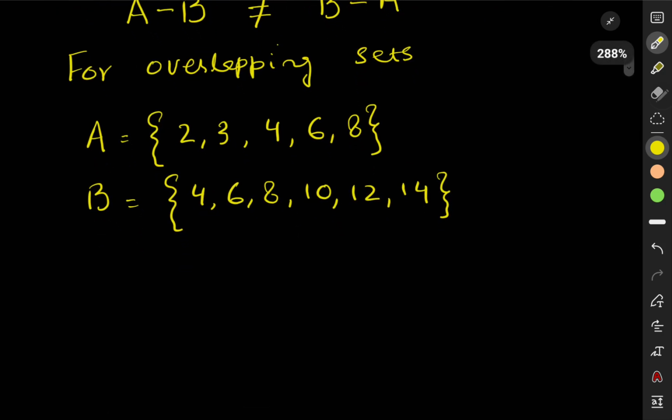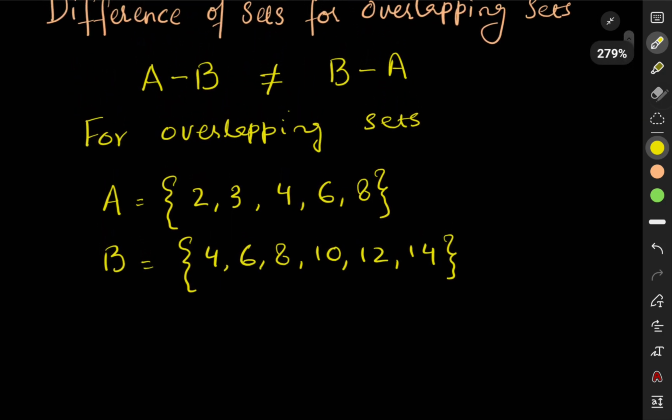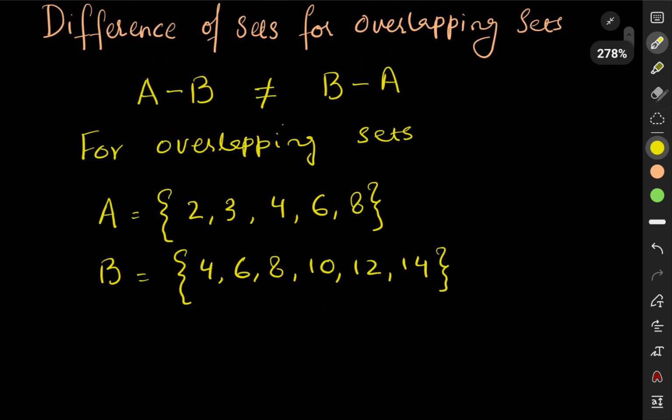So here in sets A and B, 4, 6 and 8 in both the sets are the overlapping members.